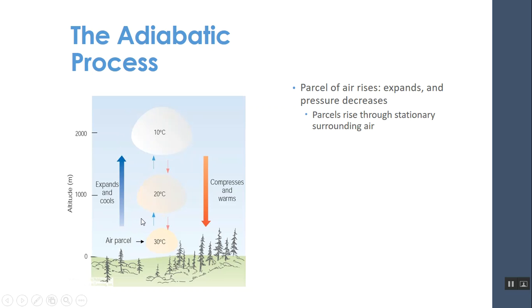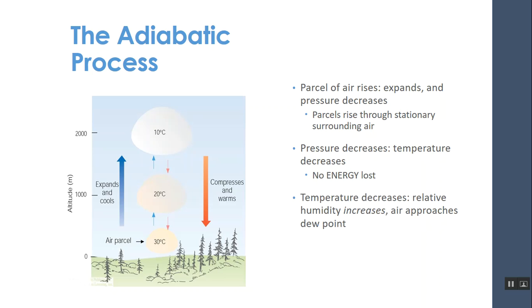And so this is a parcel of air that is rising through the stationary air surrounding it. So think of it as a big pocket of air that is rising, and as it rises, it's cooling. The pressure decreases, and so the temperature then decreases, but no energy is lost, right? We talked about as you compress air before, there's no loss of energy, you get heat, but there's no gain or loss of energy.